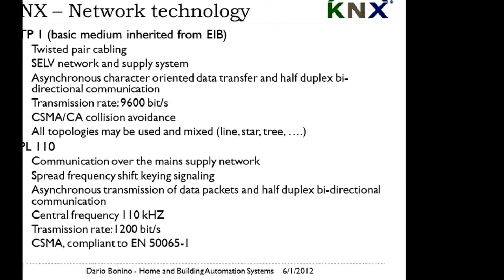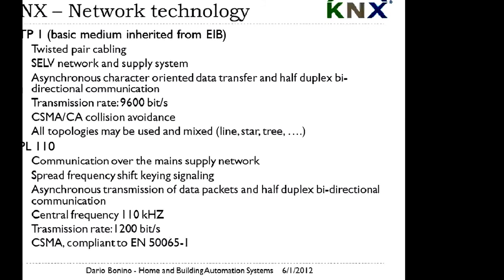And they have a central frequency of 110 kilohertz, so much higher than the 50 hertz or 60 hertz of the main power line. But the transmission rate is very low with respect to the bus. Okay, and this is also using the same access type of the twisted pair, and this is compliant to this standard.